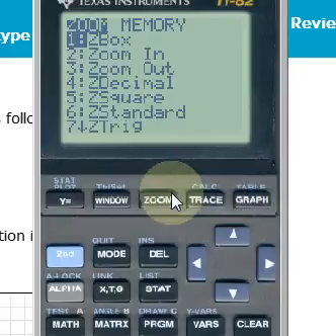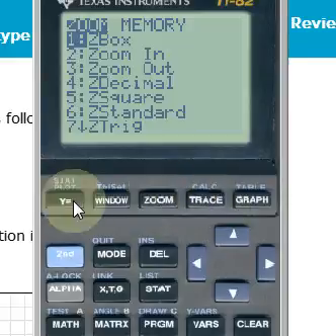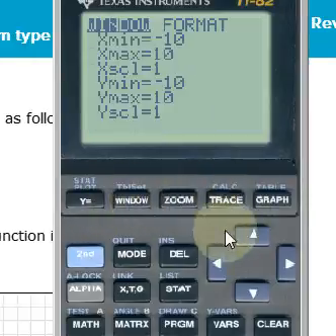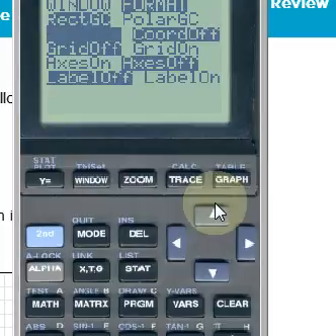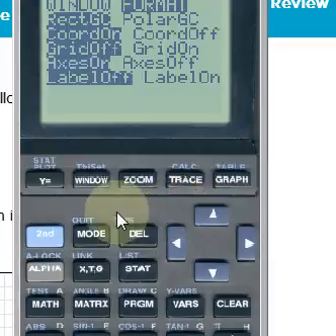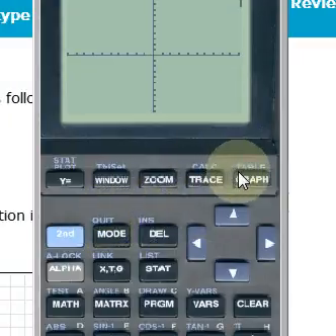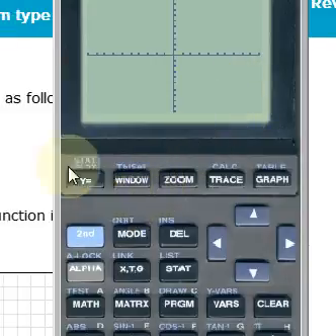I'll zoom back to the standard, if I can get there. I think I have the things turned off. I was running a game on here, so I probably had it all off. Turn it back on, go to graph. And on the screen you see nothing. What happens if we change it?